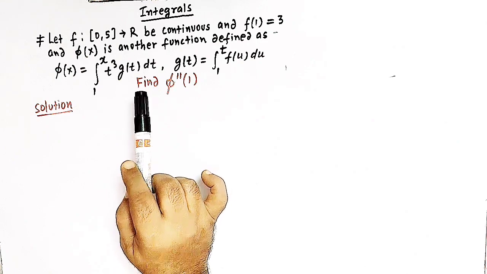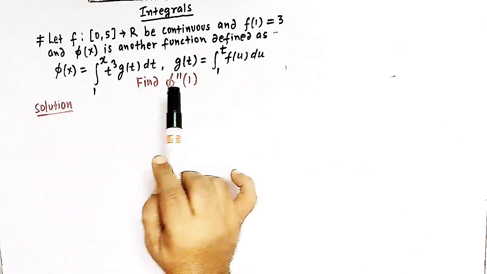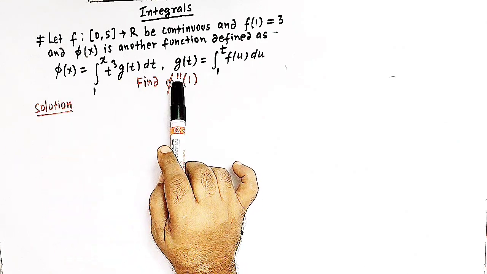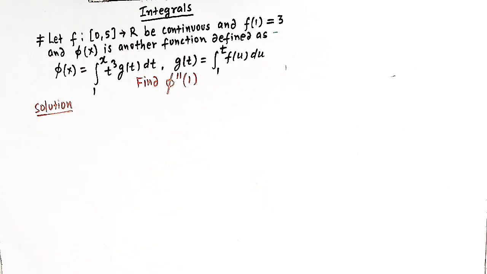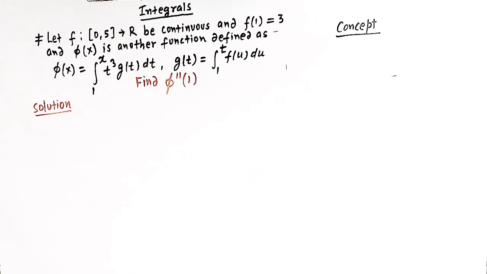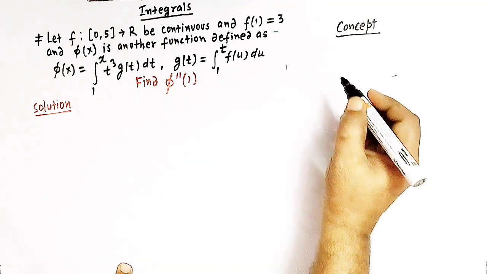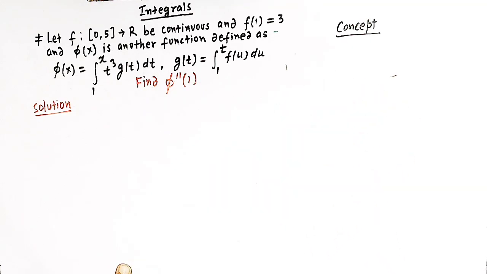Then we have to find out the value of phi double prime of 1. So viewers, let us see how easily we can solve this problem by using a simple concept from definite integrals, right?